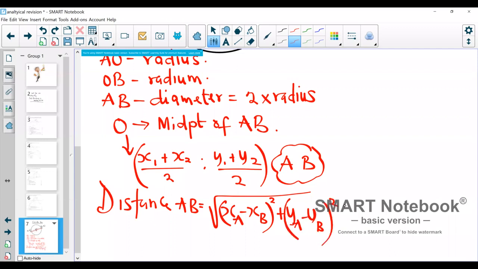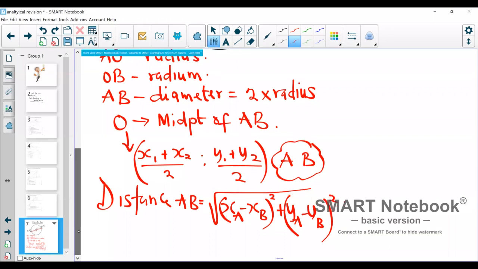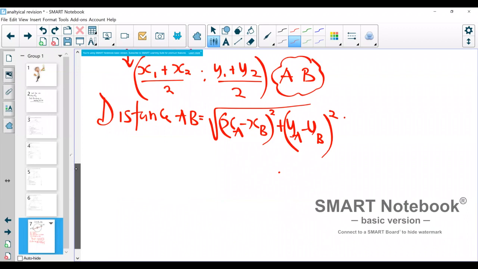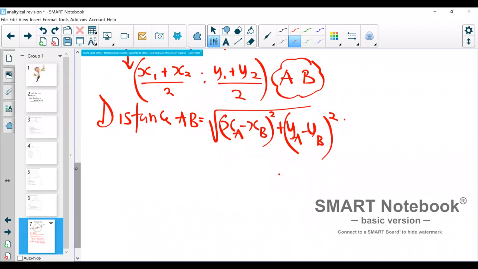So again, you see it's bringing our grade 10 and grade 11 analytical geometry into play. So we would be using these two formulas concurrently, as we go on. Now, if we have that basic revision quickly, we can then try to move into this now.